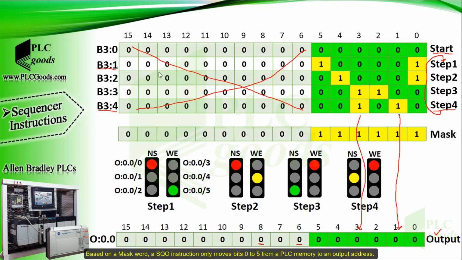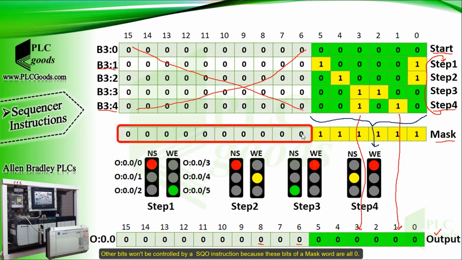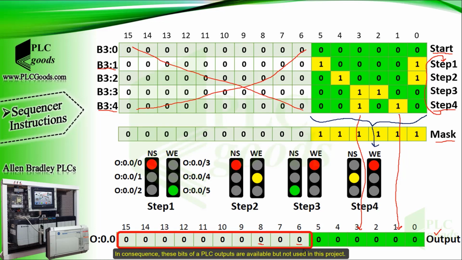Based on a mask word, a SQO instruction only moves bits 0 to 5 from a PLC memory to an output address. Other bits won't be controlled by a SQO instruction because these bits of a mask word are all 0. In consequence, these bits of a PLC output are available but not used in this project.